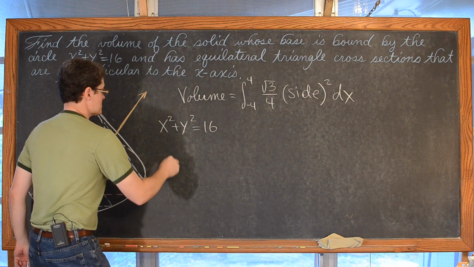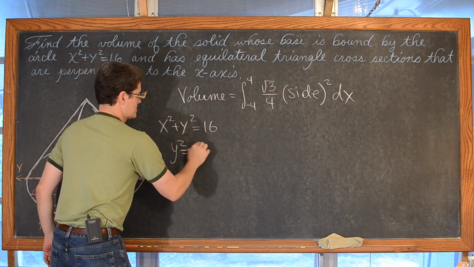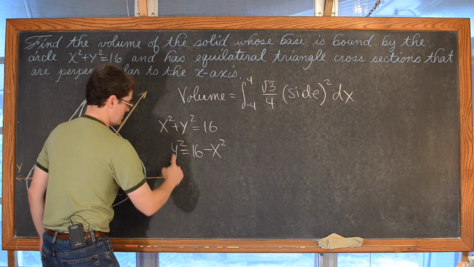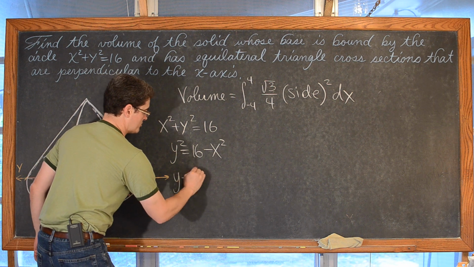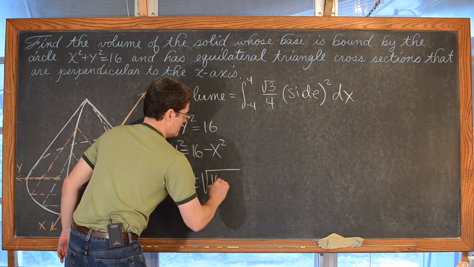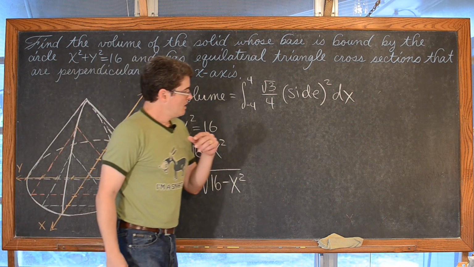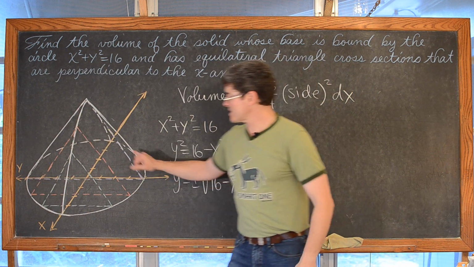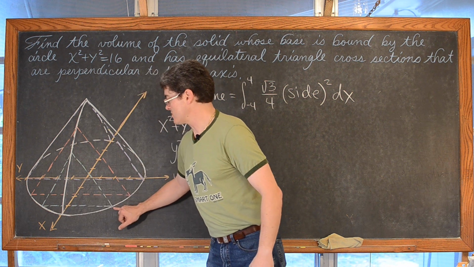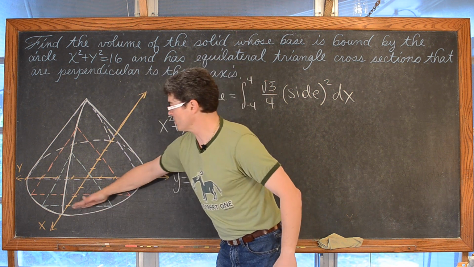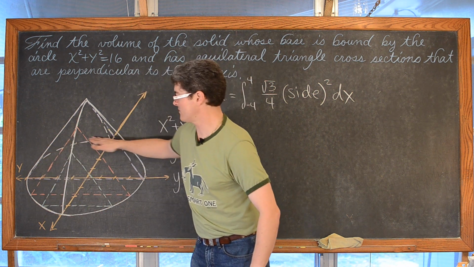Subtract x squared from both sides, and y squared is equal to 16 minus x squared. Take the square root of both sides, and y is equal to plus or minus the square root of 16 minus x squared. I need that plus or minus because as I choose my values of x, I've got a positive side and a negative side of the circular base.